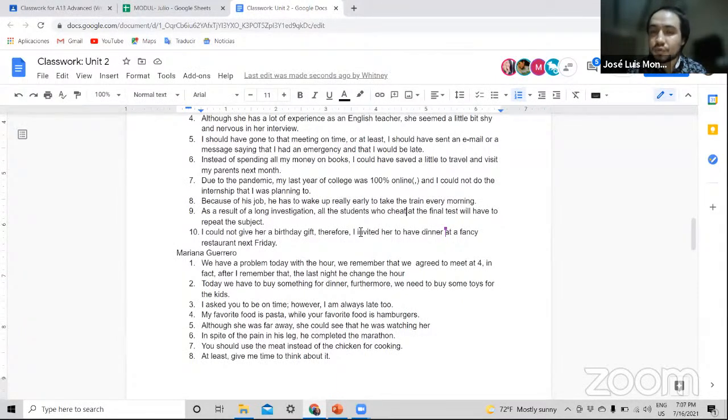But if this is a routine that you're telling me, in general, all the students who cheat at the final test repeat, if it's like a routine, then we shouldn't use future, right? All the students who cheat at the final test repeat the subject. That's one option. Or the other option is using past and saying all the students who cheated at the final test will have to repeat the subject. That's my second thing. I don't know if you have questions related to this, please, Melissa, let me know.